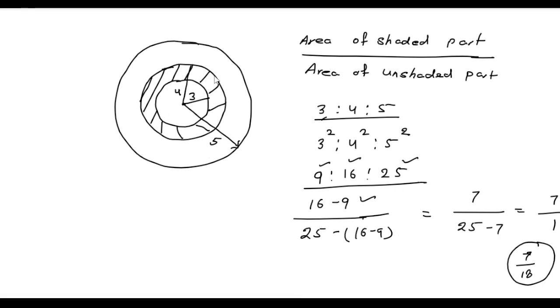See, 25 is the total area. From this total area, I will subtract this inner shaded part to get the unshaded area.